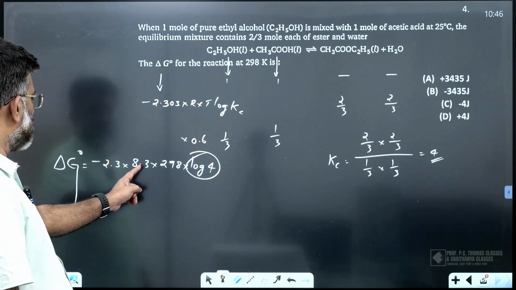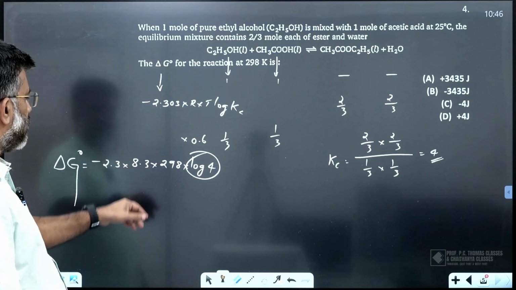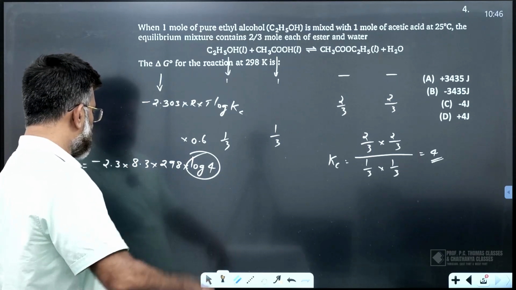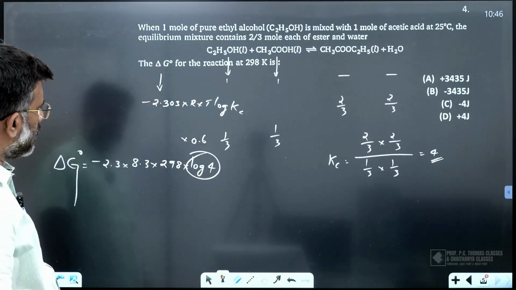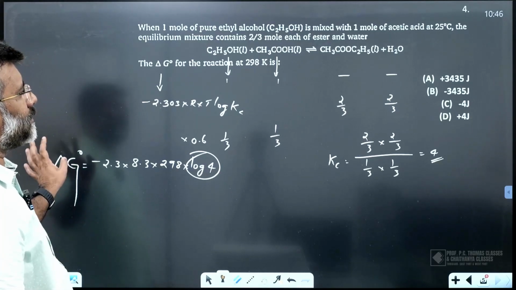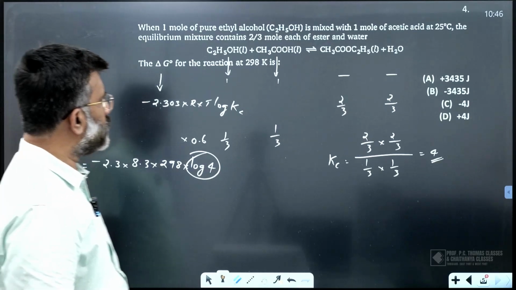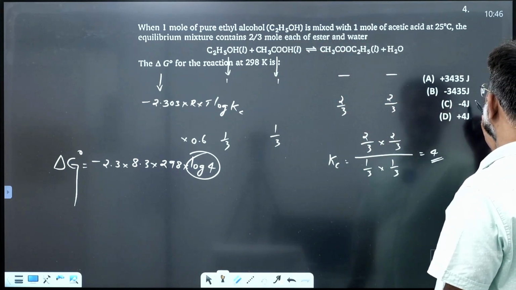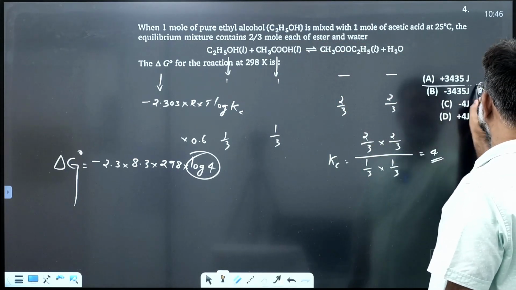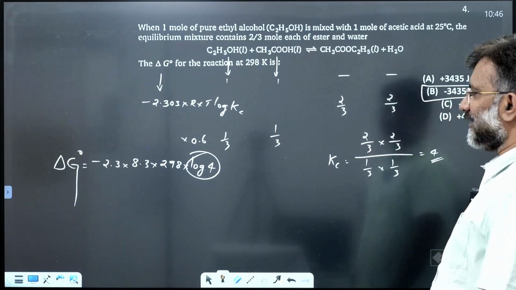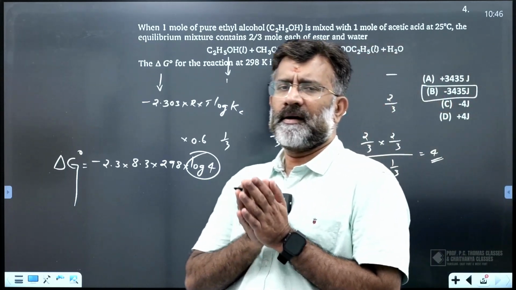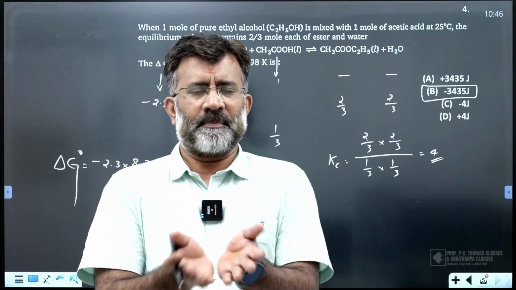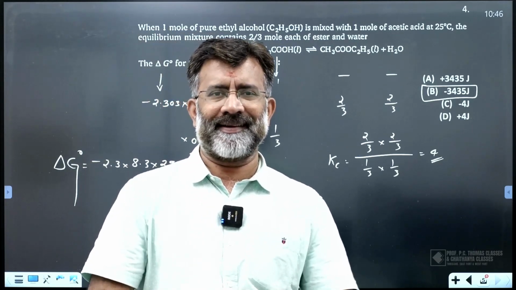So 2 into 8 is 16, somewhat 20, 20 with the 300 is 6000. So it is 3000 something. It should be minus, and the answer should be minus 3000 something. Option B is the correct answer. Very simple, direct application of a formula, right?